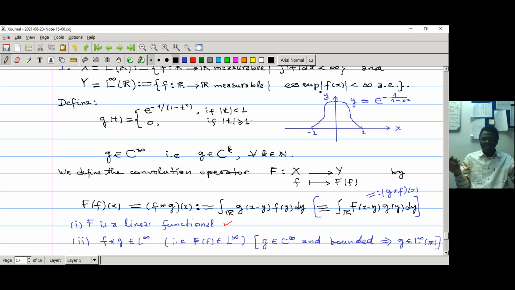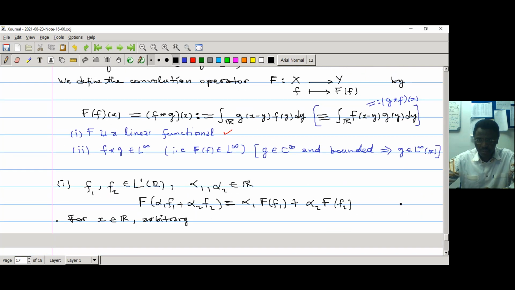That means the essential supremum is finite. So therefore, it is in L infinity. That's the information we have here.